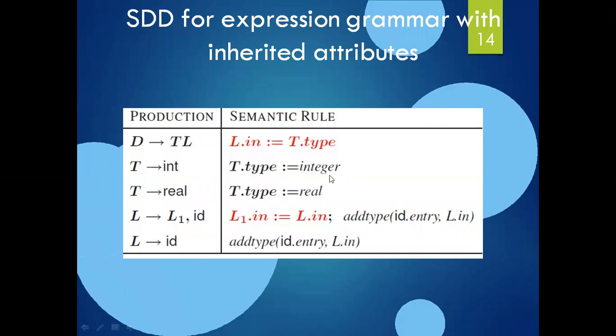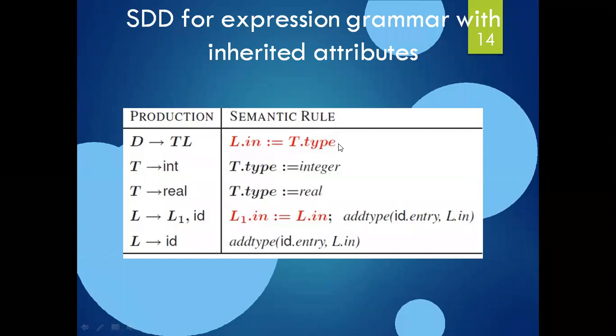And then the L nodes give the type of the identifiers ID1, ID2 and ID3, and which type of identifier it is. For example, I am taking them as A, B and C. This L node gives the type of the identifiers. And the computation of the type is done in a top-down manner.